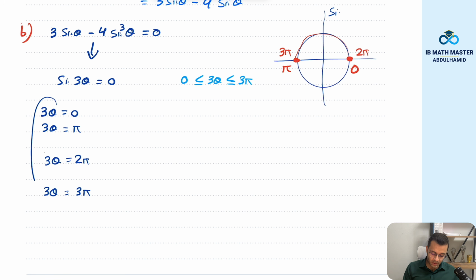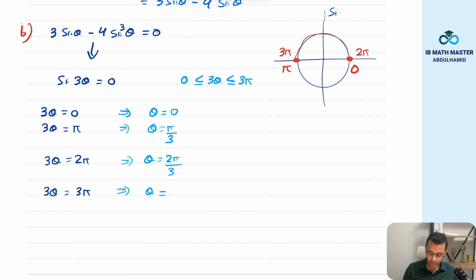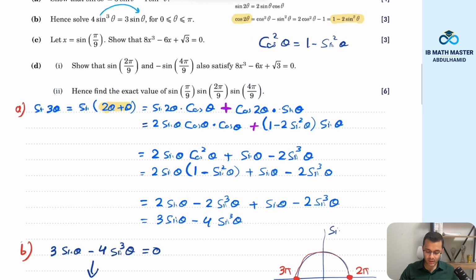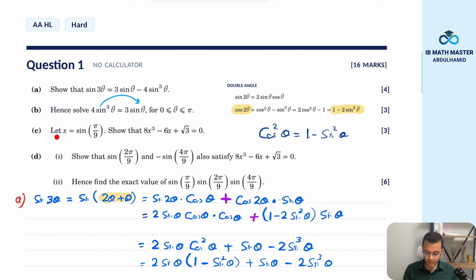Now, these are 3 thetas, by the way, so now we have to divide all of them by 3, each one of them by 3 to get the solutions. If you divide here by 3, you will have theta to be 0 over 3, here pi over 3, and here 2 pi over 3. And here 3 pi over 3, which is just pi. So these are the 4 solutions to this trigonometric equation here.